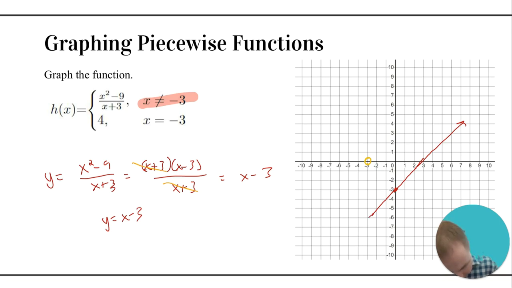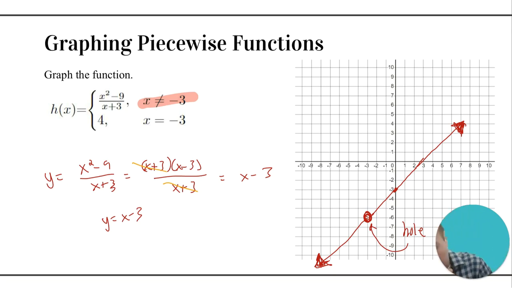So as soon as I get to right there, there should be a little hole, okay? So really, I want this entire red line that I've drawn to go on forever and ever, but at x equals negative 3, there's a hole right there, right? So that's empty. It's not a filled-in hole. It's an open hole graph right there.